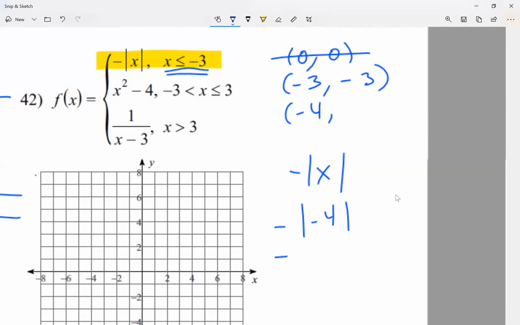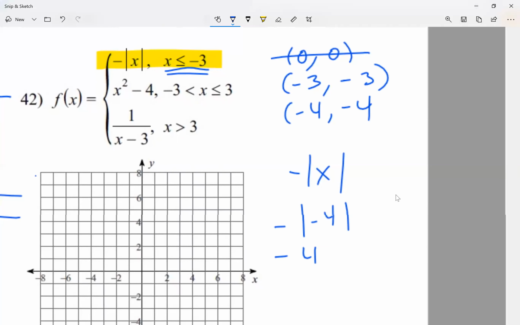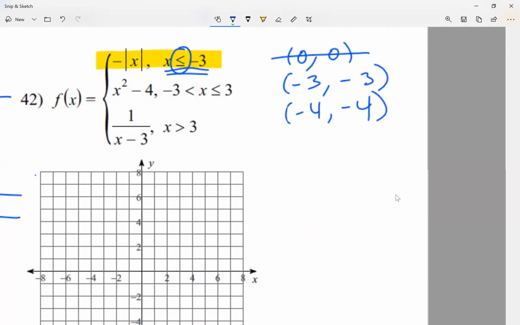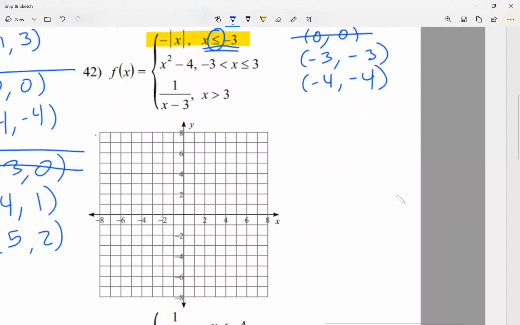There's a negative outside of 4. So I have those 2 points. My first point, based on the inequality sign, is a closed circle. So negative 3, negative 3. The second point, I have negative 4, which is just the point. Let me connect these.